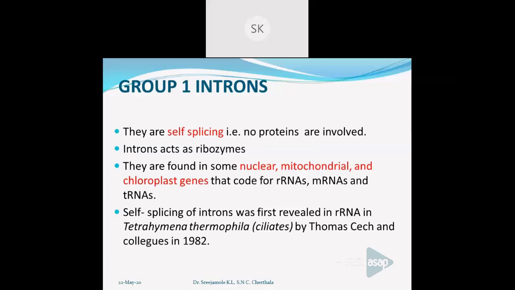They are found in some nuclear, mitochondrial, and chloroplast genes that code for rRNAs, mRNAs, and tRNAs. Self-splicing introns were first discovered in rRNA in Tetrahymena thermophila, a ciliated protozoan, by Thomas Cech and colleagues in 1980.